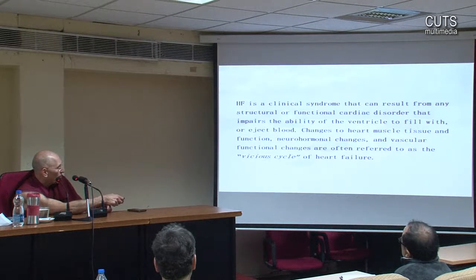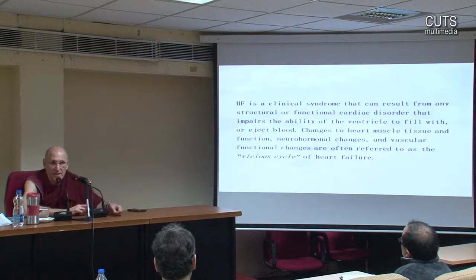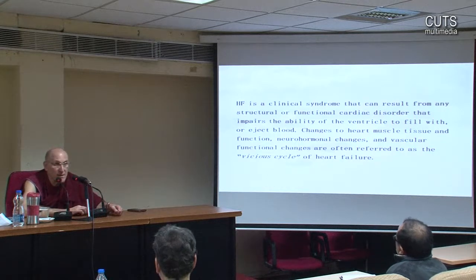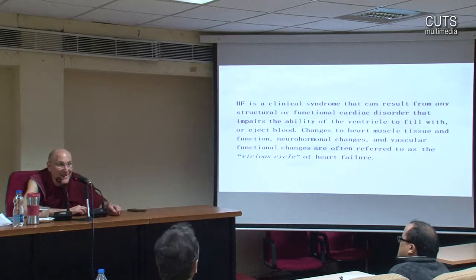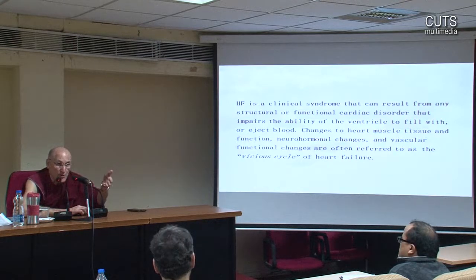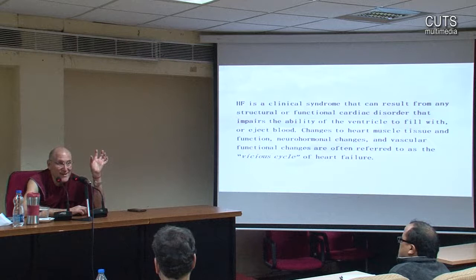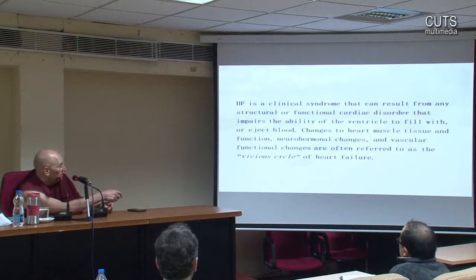Also, there are neurohormonal changes. What's that? What's neuro? Nerves, exactly. And what's the biggest nerve? Brain. Yeah. So it's something to do with the brain or the nerves, good. And what's hormonal?